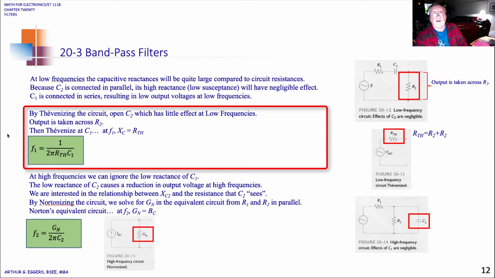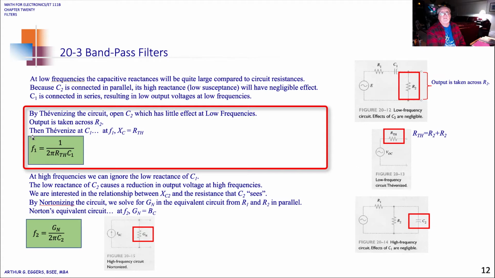So again, we're going to take a look at Theveninizing the circuit to make it easier to do the analysis. By Thevenin's equivalent, Theveninizing the circuit, we're going to open C2, which has little effect at the low frequency. So you can see at the output there, C2 is now gone because in essence, we've clipped it out of the circuit. And the output now is taken across R2.